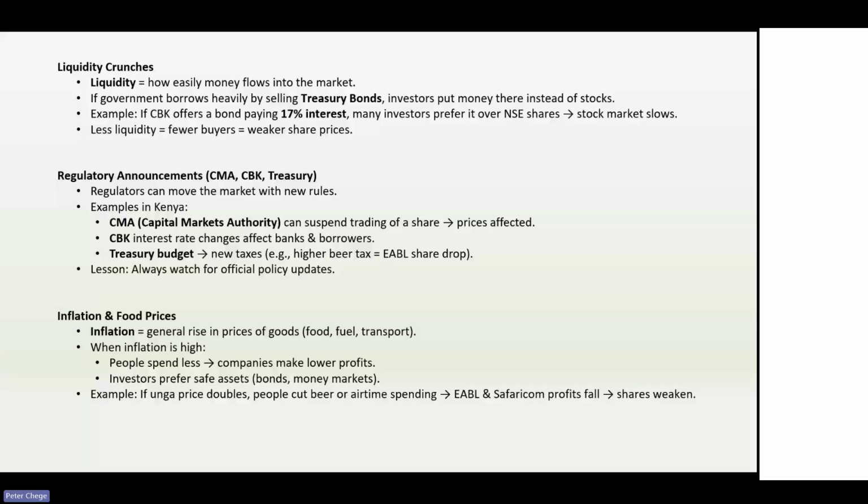So if government is borrowing heavily through selling treasury bonds, because that's how they raise money, either through treasury bonds or through short-term treasury bills, investors put their money there instead of stocks. Why? Because maybe government is giving favorable short-term rates.